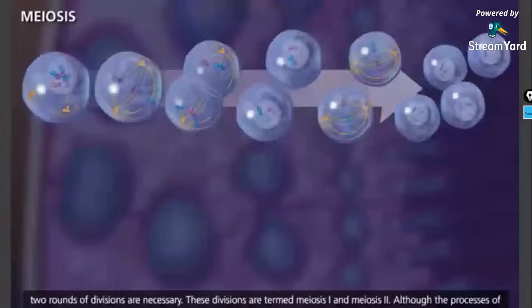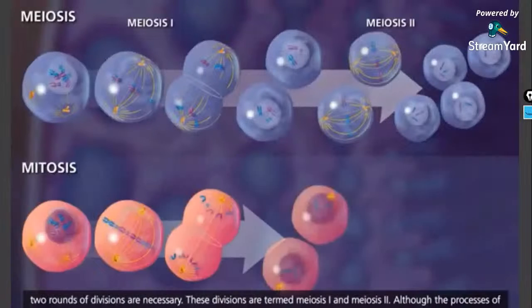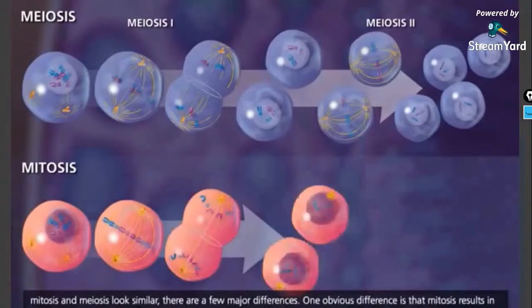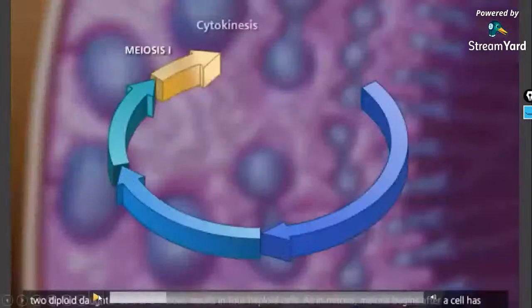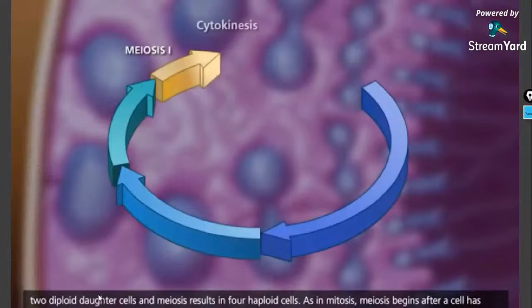Meiosis occurs in special cells called germ cells within the gonads of males and females.